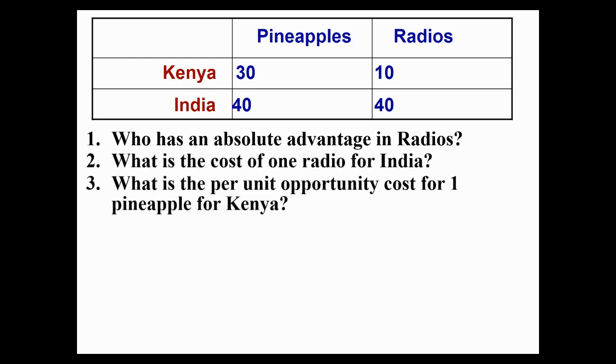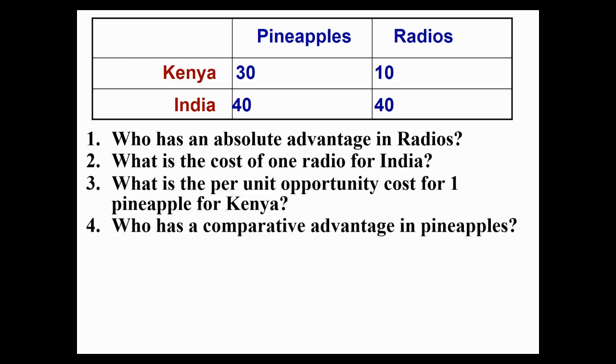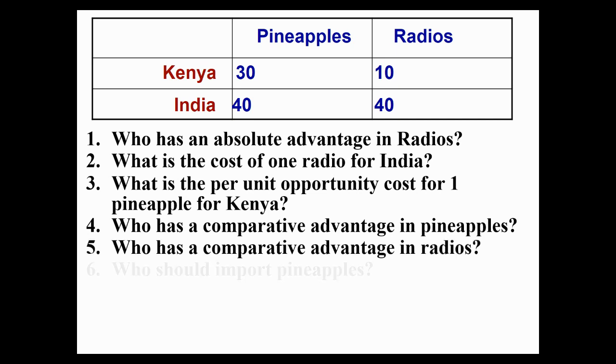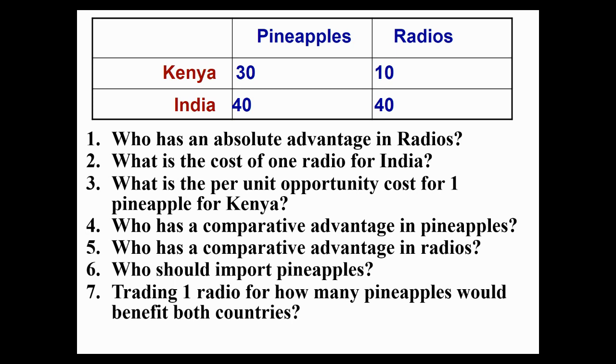So let's take a look at this one. There's several questions here. We have Kenya and India, and we have the numbers. Now we could put this on a graph.